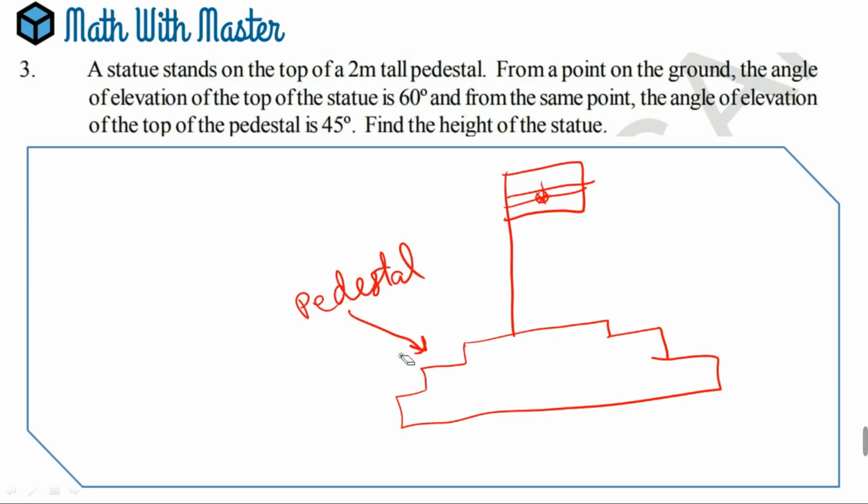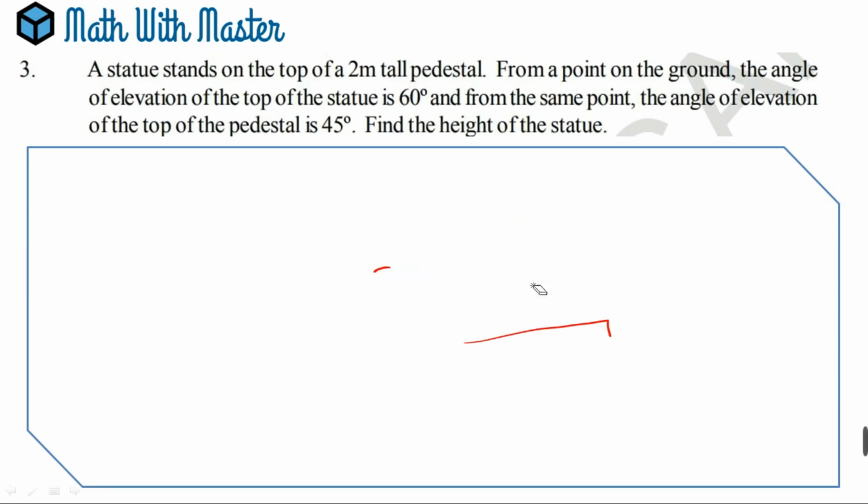So this is not a part of the statue, but it is helpful for the base of the statue. So a statue stands on a 2 meter pedestal. So this is the pedestal and this is the statue.